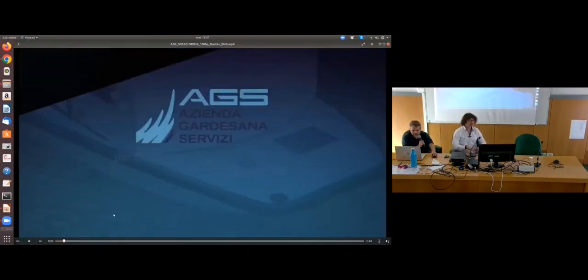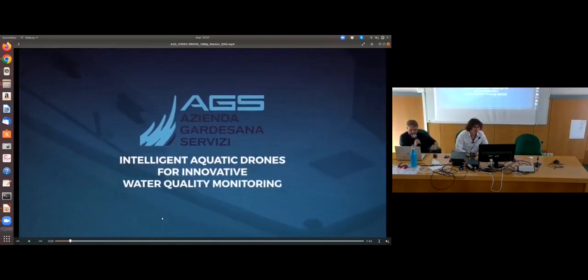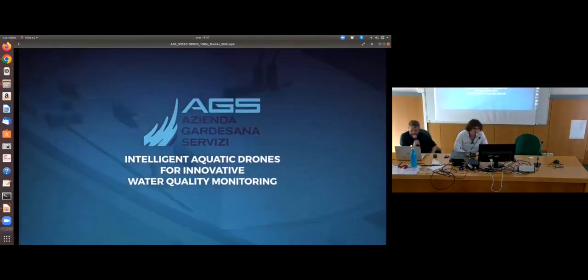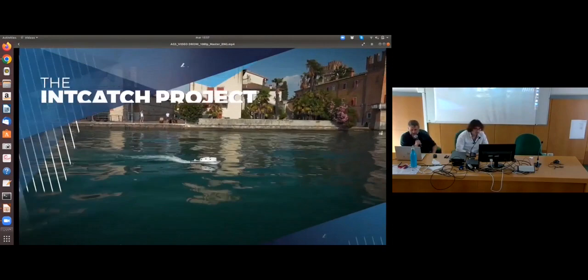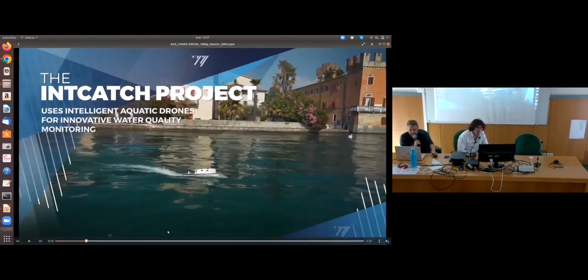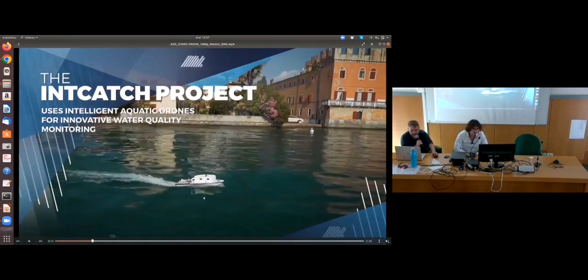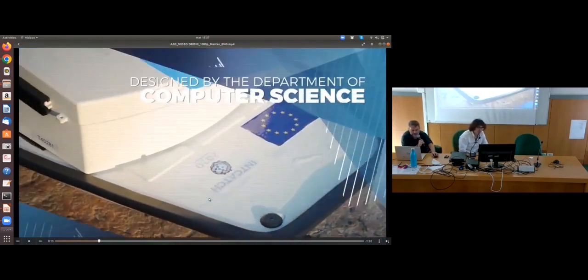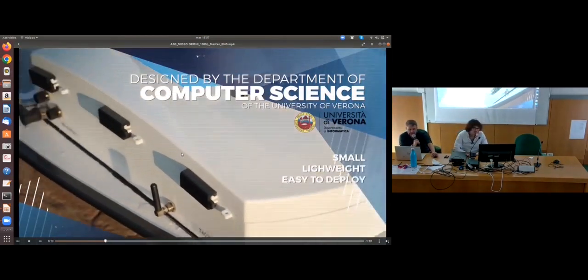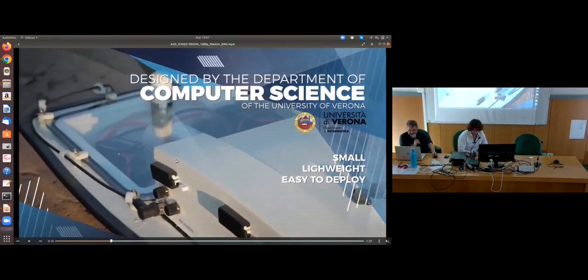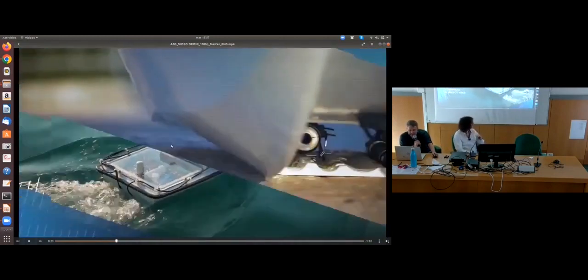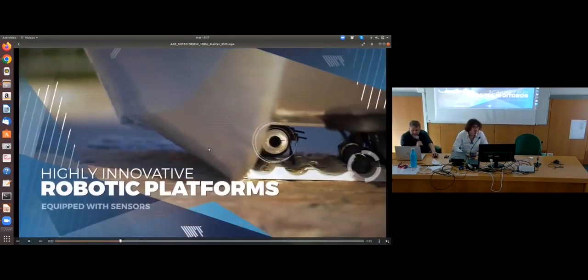So in the department, this project has been developed. It was a European project in which these aquatic drones, used for monitoring water, were developed. You can see the drones here in a trial made in Lake Garda.